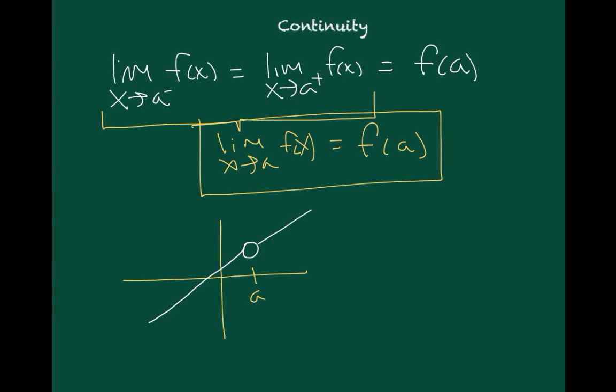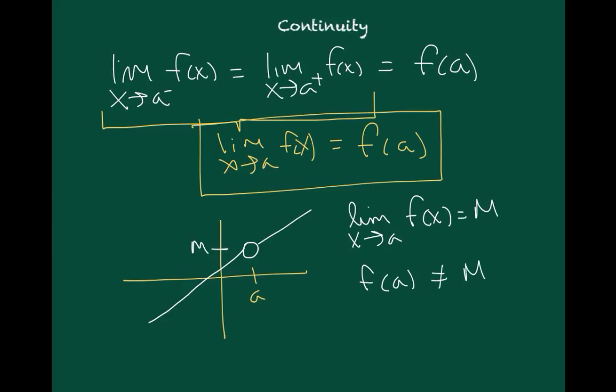Now clearly you can see that the limit exists. Let's call this point m, so the limit as x approaches a of f of x equals m. However, f of a is a hole, so it does not equal m.